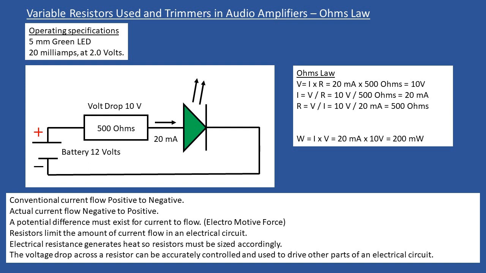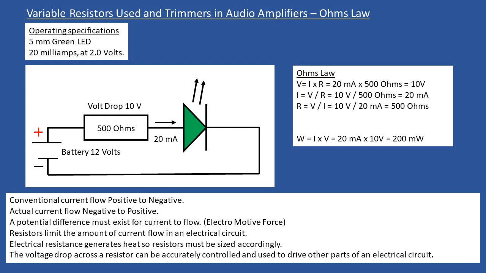If I know the voltage that I need to drop and I know the current, then I can calculate by using the respective formula. So in this case R is the resistance, equals the required voltage that I need to drop, divided by the current which is flowing in the circuit, i.e. 20 milliamps, and then by doing the calculation I arrive at the required resistance value of 500 ohms, and that's what you see here.